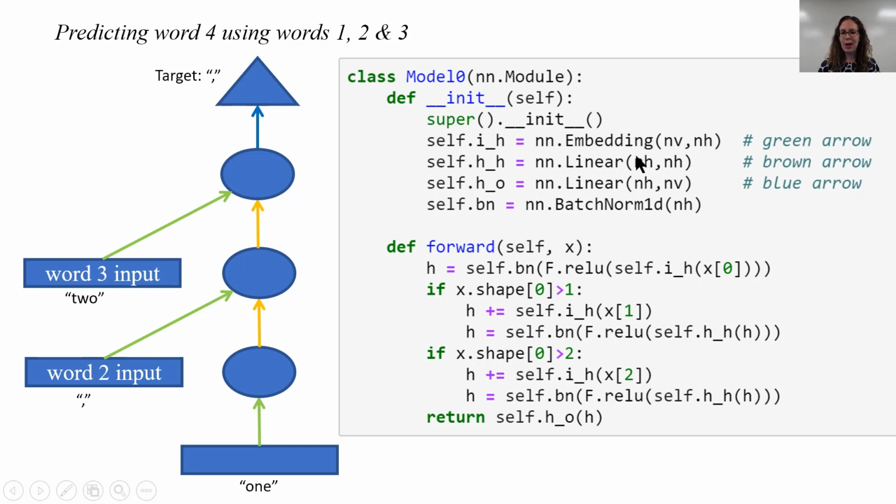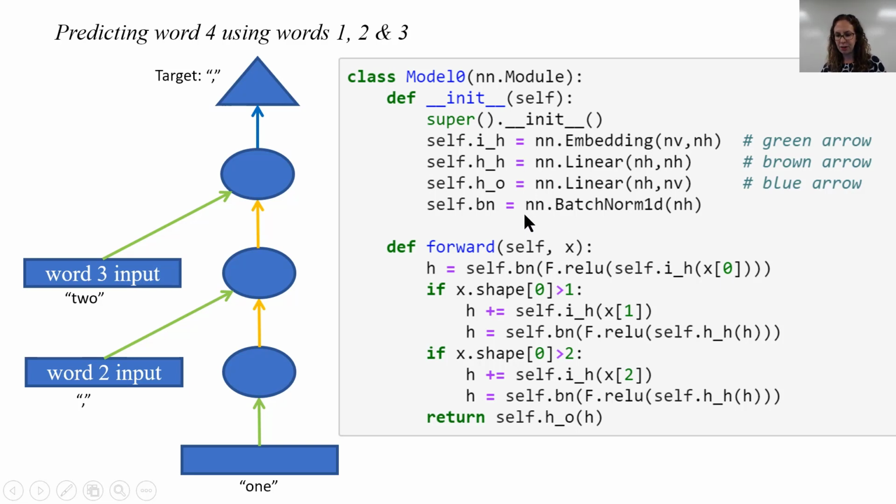The green arrow corresponds to our embedding matrix of how we're getting the tokens in. I shouldn't have said it's multiplied by, but it's picking out the embedding. The orange arrow is going through this linear layer from hidden to hidden. The blue arrow is a linear layer from hidden to output.